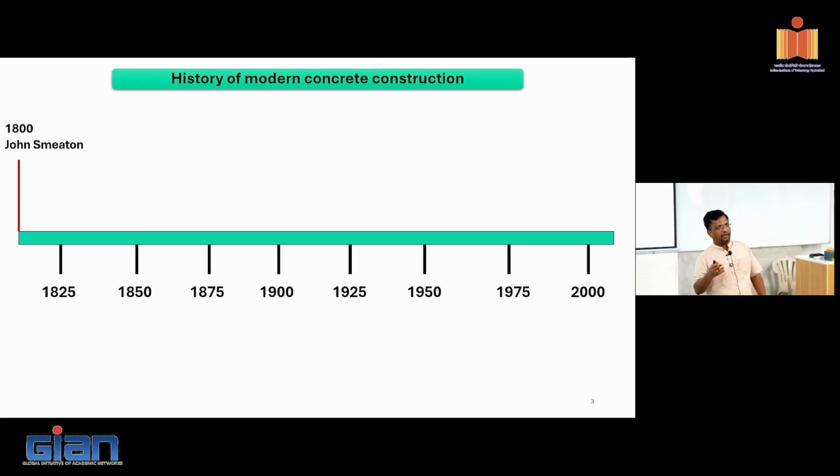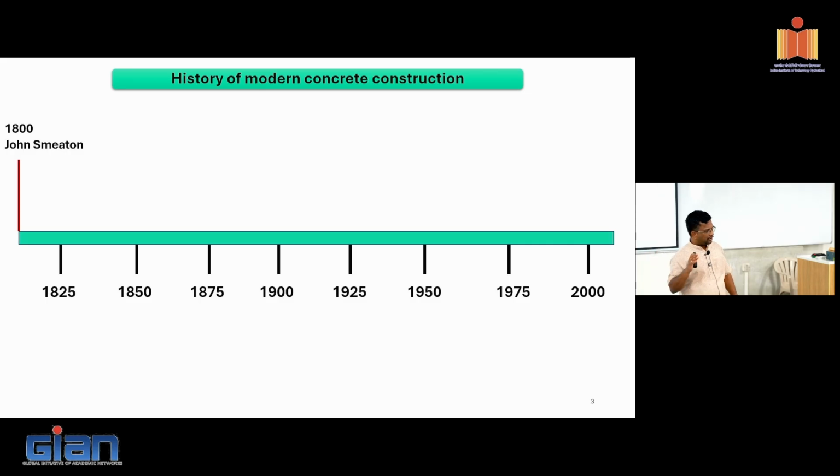Because hydraulic lime-based concrete, when it is in contact with water, undergoes hydration for a long period of time. He was a pioneer in paving the way for the development of Portland cement, which happened a little later. Of course, Roman concrete, we know, has been there for more than 2000 years. That is also hydraulic lime, but somehow in between we got lost.